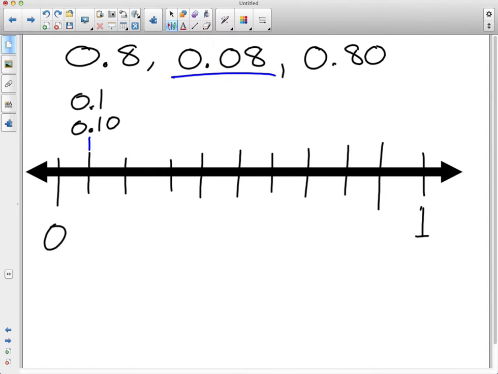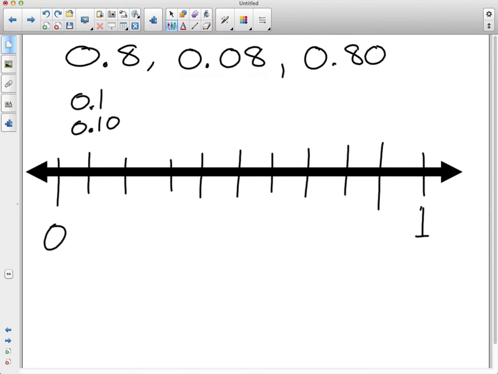So, if this hash mark represents 0 and 10/100ths, where is 0 and 8/100ths going to be? If 0 and 10/100ths is this hash mark right here, where is 0 and 8/100ths going to be placed? Lilia.